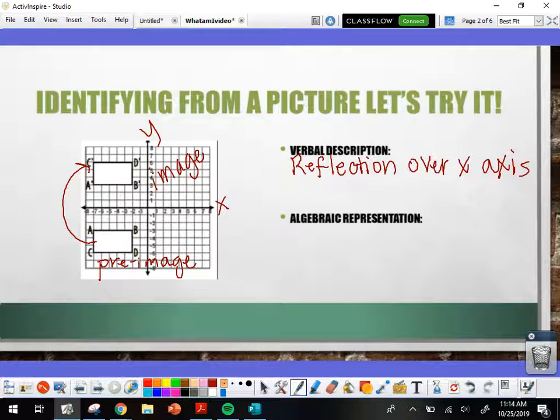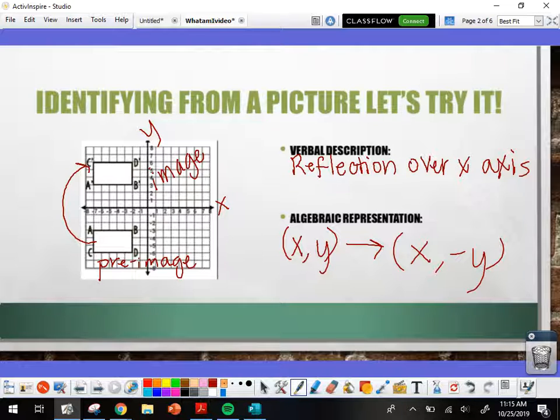So the verbal description for this one is going to be reflection over the x-axis, and the algebraic representation is that rule. Remember, all the rules are going to start with x, comma, y, arrow, and then we have to decide what happened to the x's and to the y's. So since it flipped over the x-axis, the x stays the same, and the y becomes the opposite.